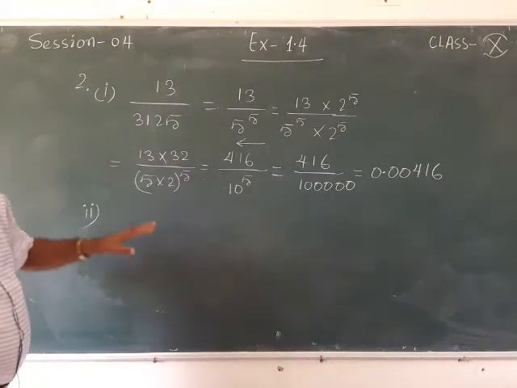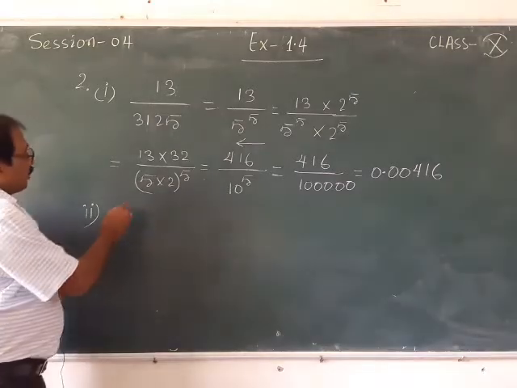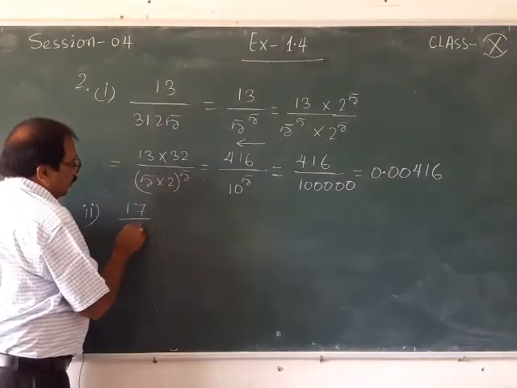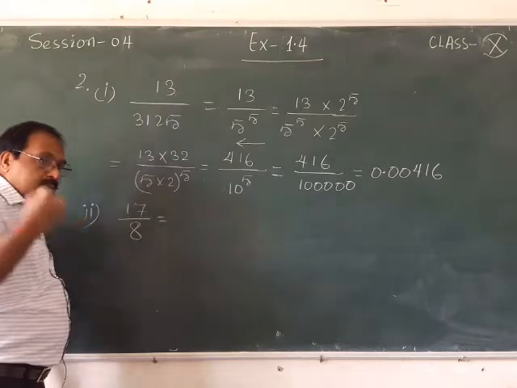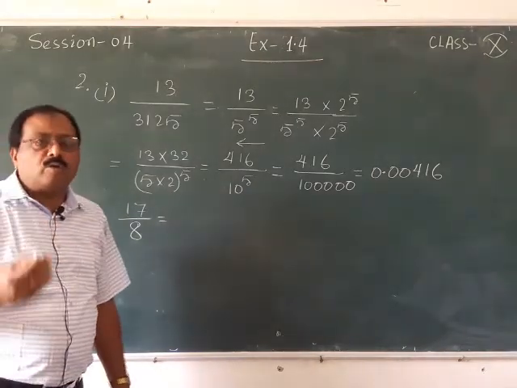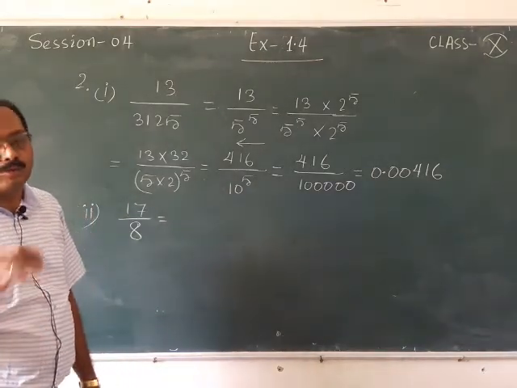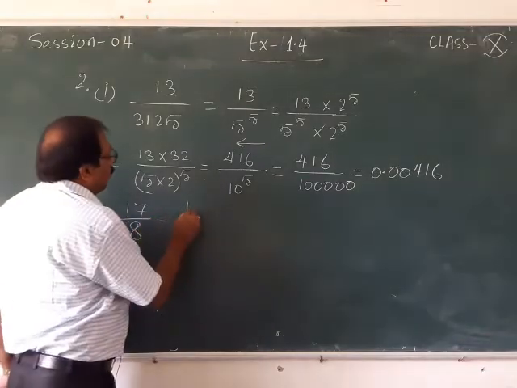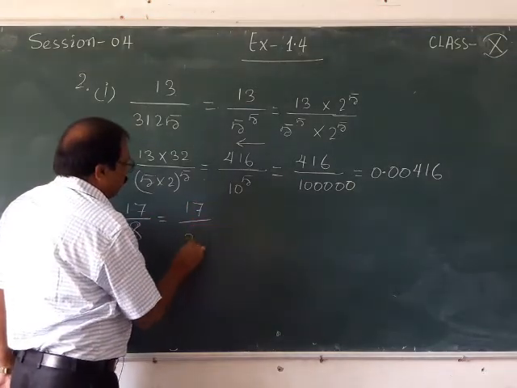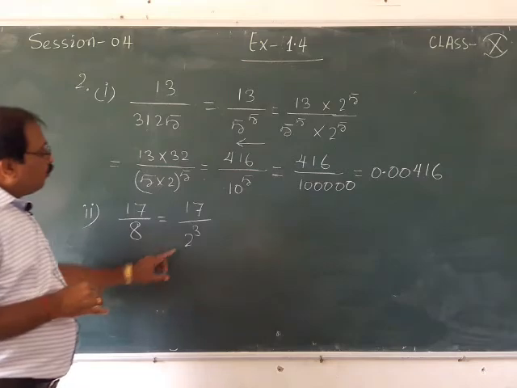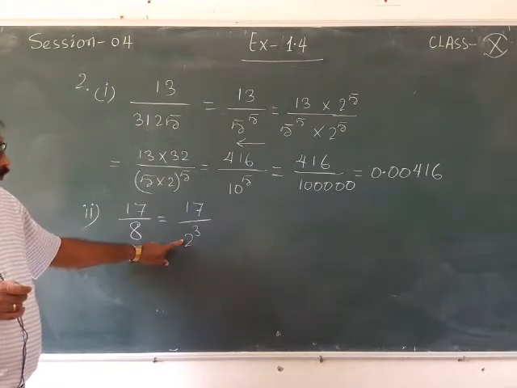So here the second question is 17 by 8. Without long division, you want to change this number into decimal form. How will you write it? First of all you can write 8 as 2 to the power 3.